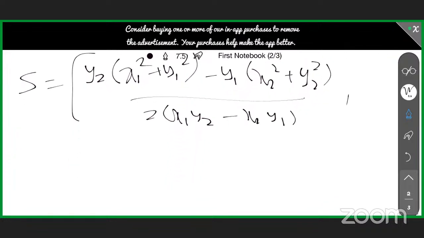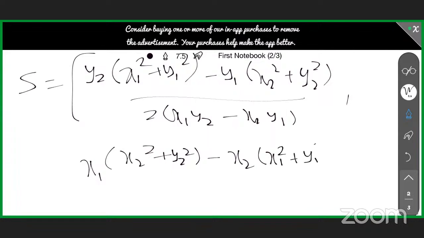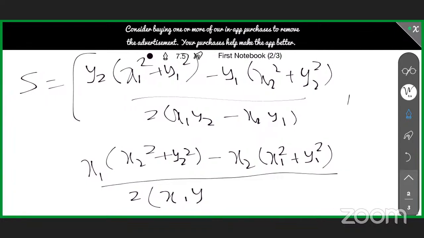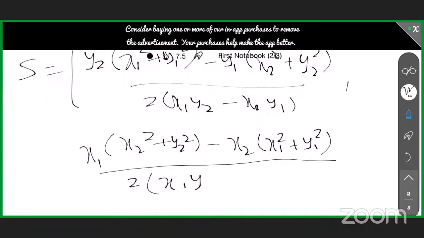The y coordinate is given by x1 into x2 square plus y2 square minus x2 into x1 square plus y1 square, whole divided by 2 into x1 y2 minus x2 y1.